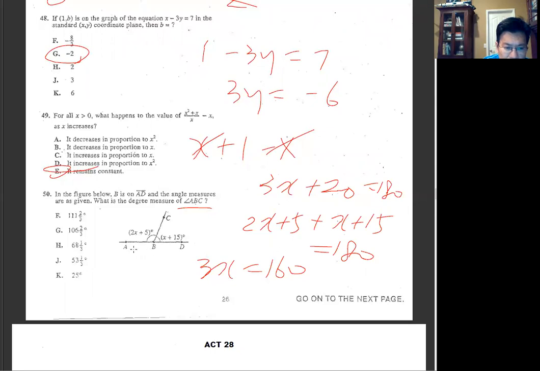Then 2x plus 5. So x is 160 over 3. 2x is 320 over 3 plus 5. So this is 100. So 11.